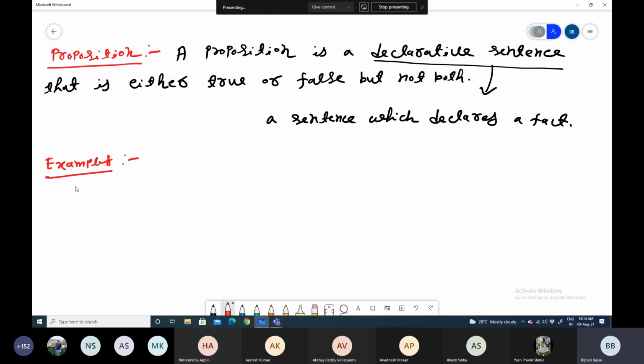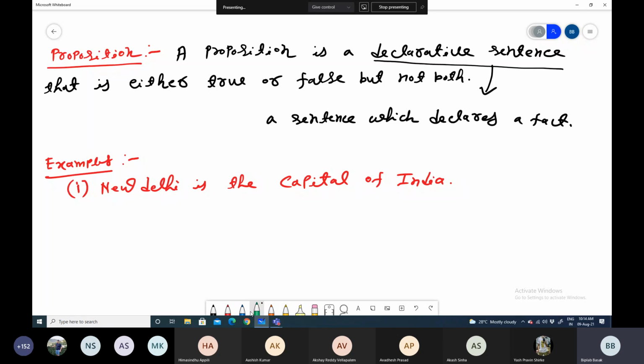The first example: New Delhi is the capital of India. Now tell me, is it a proposition? What is a proposition?